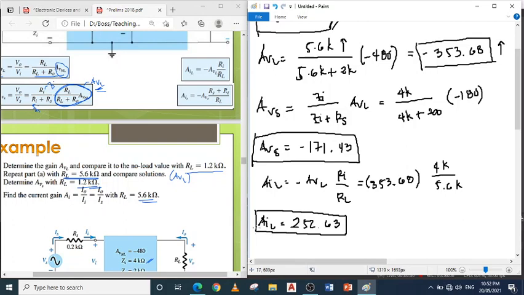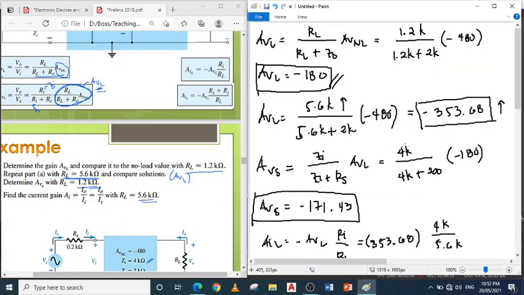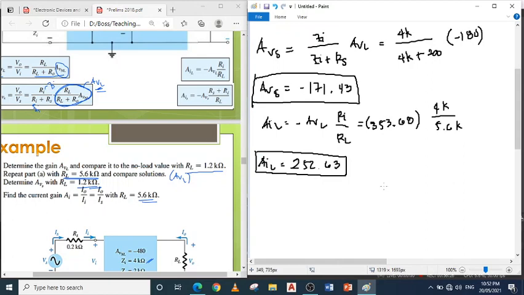And then, for AIS, okay, for the AIS, so we have AVS naman. Okay? So, what is AVS kapag ang RL ay 5.6 daw? So, balik tayo dito. Okay? Balik tayo dito. So, ang AVS natin, kasi kailangan natin ng AVS dito eh. Okay? So, ang AVS is equal to, ano yung ZI?